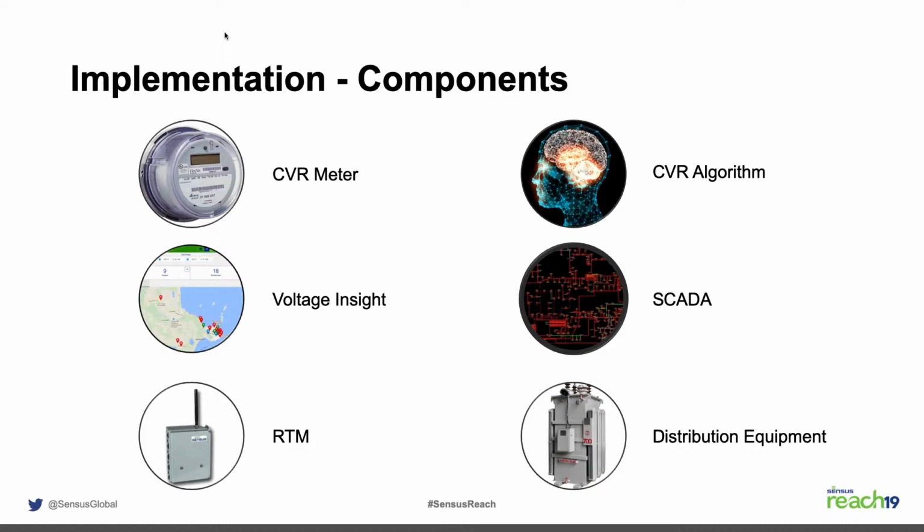Voltage insight is the ability for you to see the said voltages from the meter and have it in a geographical representation. So it's just providing you an environment to review that.